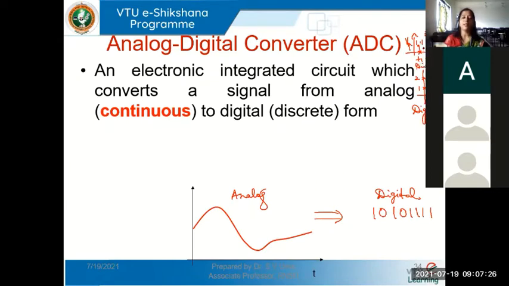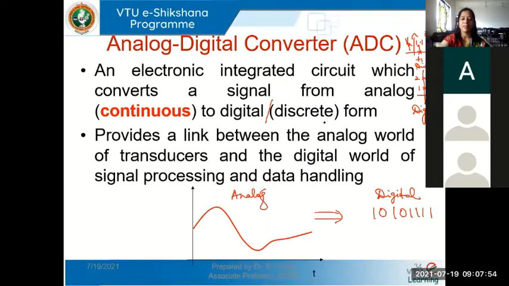Discrete is something which is discretized only along the x-axis, whereas a digital signal is something which is discretized along both y as well as x-axis. Okay. So if we are able to convert an analog signal to discrete or digital form, either one of these forms, it is done by an A to D converter.